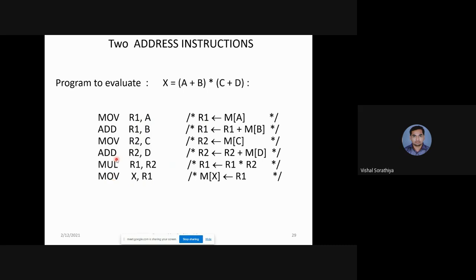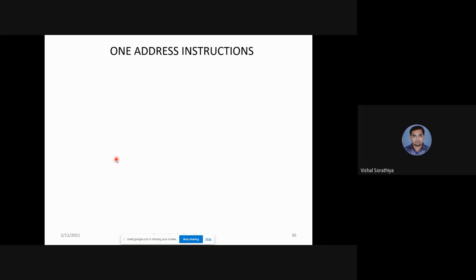So the number of assembly lines is increased, meaning more instructions to execute. The number of bits required is reduced compared to the previous case, but the length of your program increases.